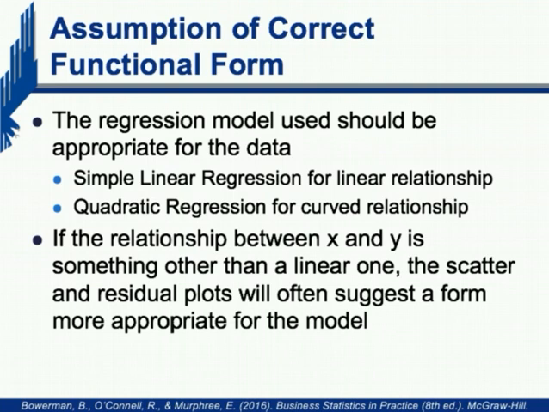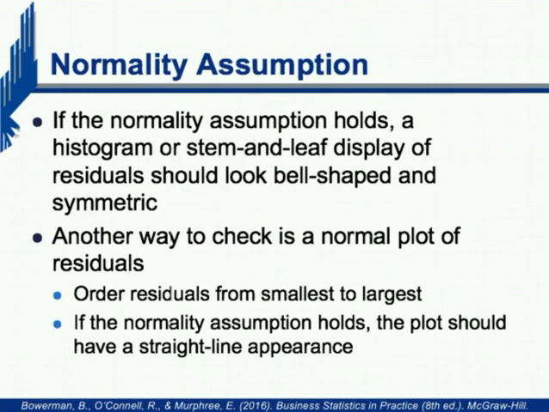However, if the scatter plot shows a curved relationship, then instead of simple linear regression, it's better to use a quadratic regression. If the relationship between x and y is not linear, aside from the scatter plot, we can also see that in the residual plot. The residual plot will also show us if the assumption for the correct functional form is violated.